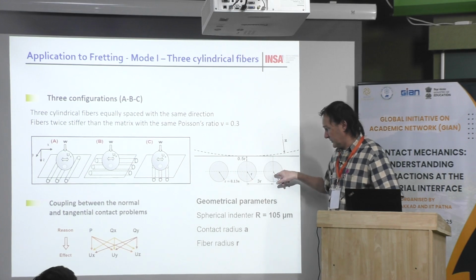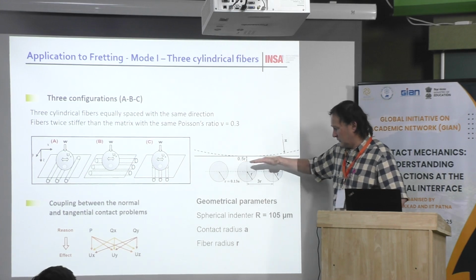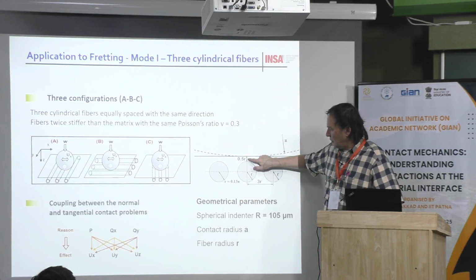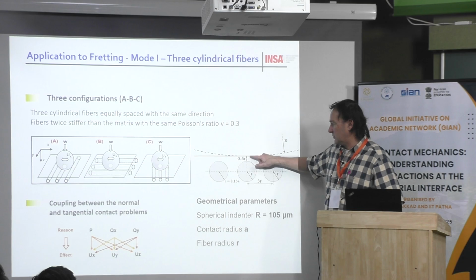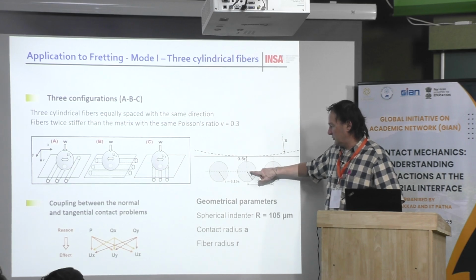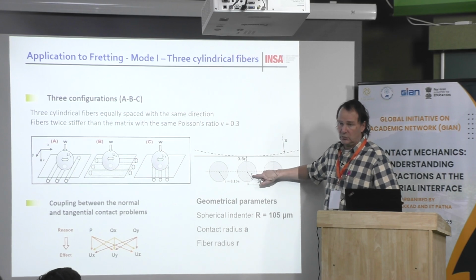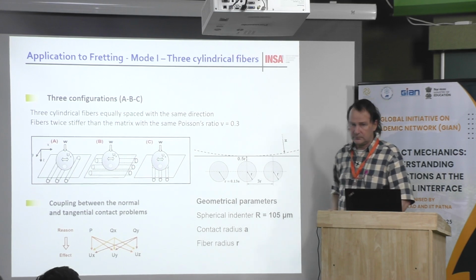We have 3 fibers. They are well within the contact. And we have here a big gap between the fiber and the surface, which is 0.5 times the fiber radius, which is significant.